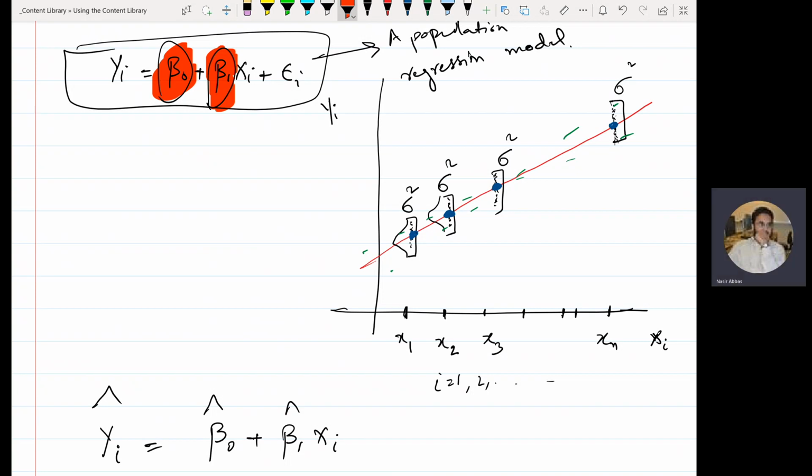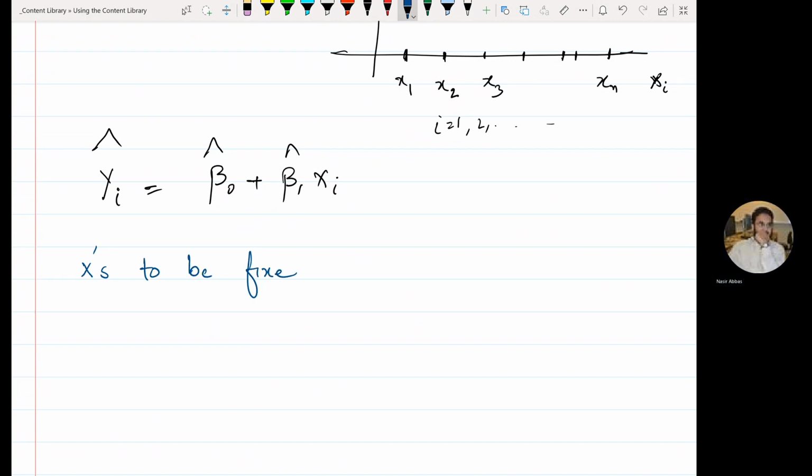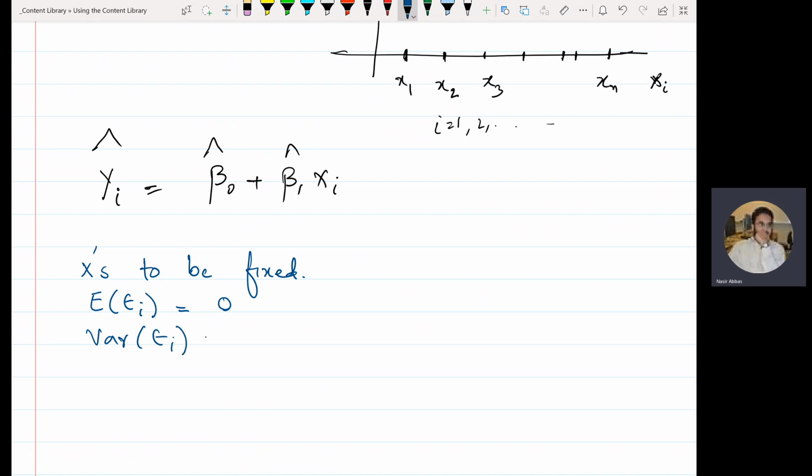Now, to estimate these two quantities, I go back and revise what I'm assuming, one more time. I'm assuming the x's to be fixed. I'm assuming that the expected value of epsilon is 0. I'm assuming that the variance of epsilon is fixed, denoted by a quantity called sigma square.